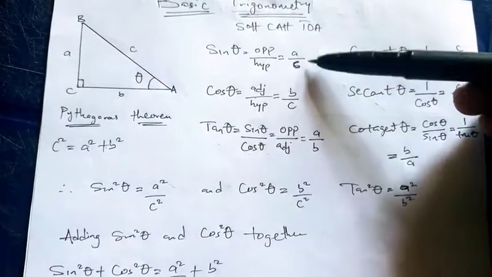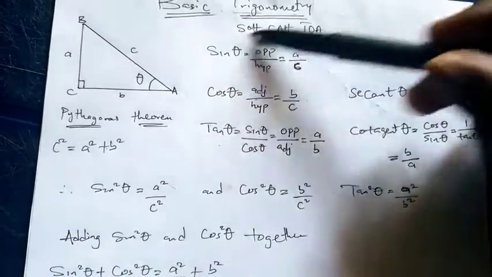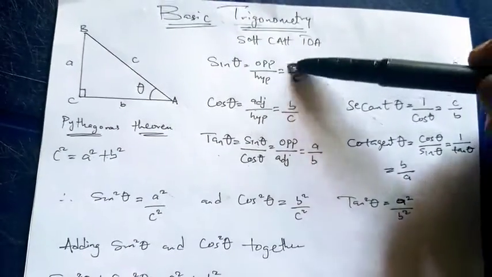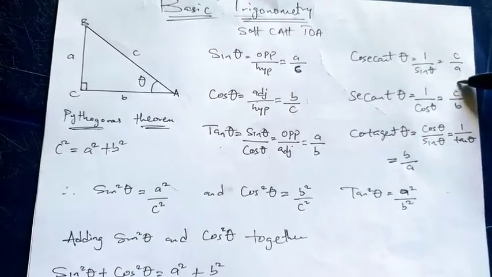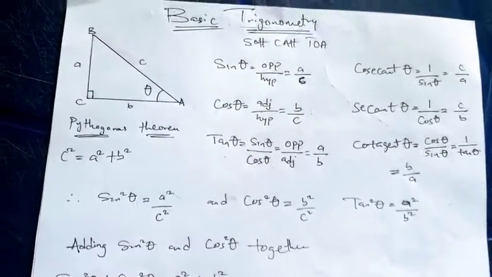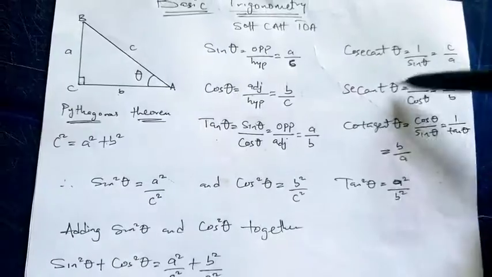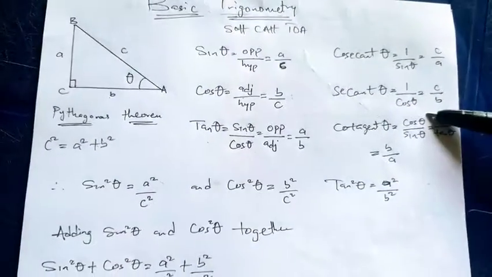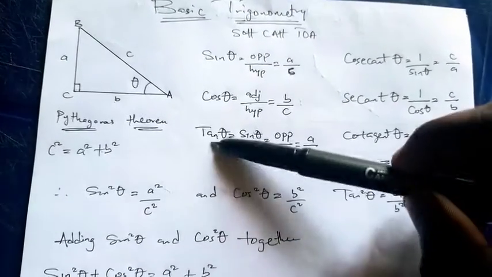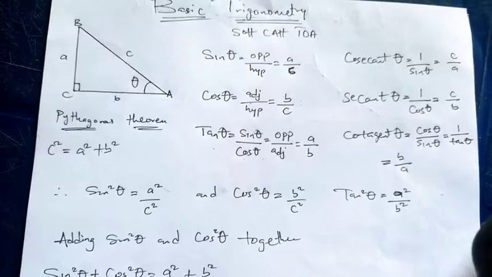If the sine theta in this particular triangle is given as a over c, then the cosecant theta will be given as c over a. Same goes with the secant theta, which is the reciprocal of the cosine theta, and the cotangent theta, which is also the reciprocal of the tan theta.